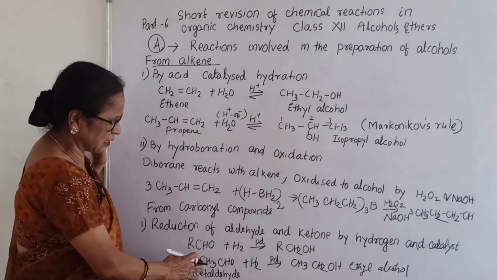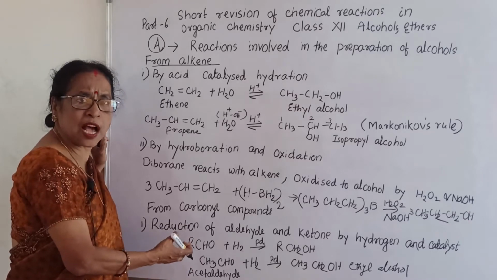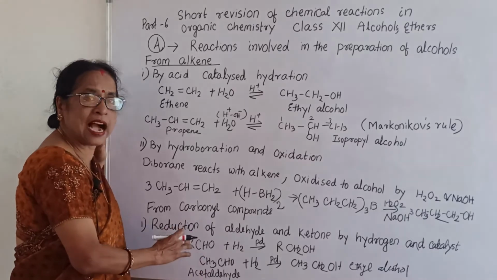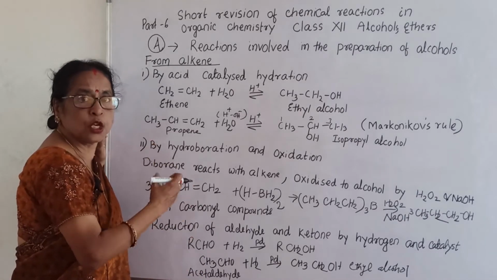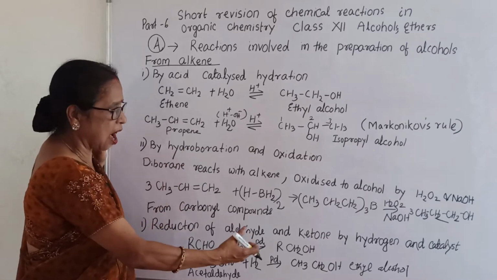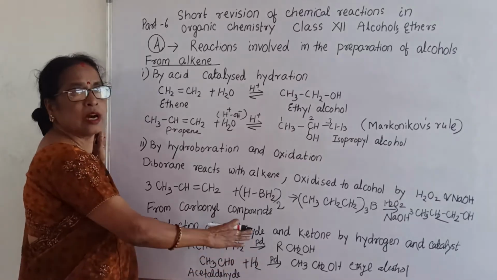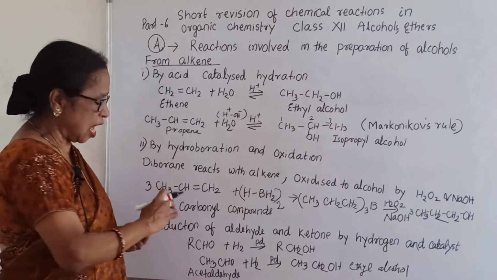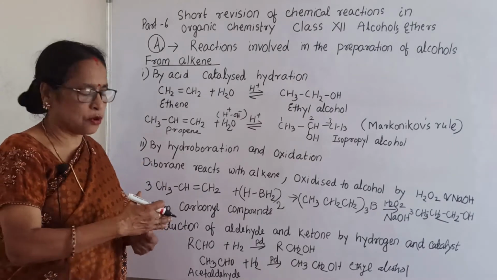Example you can take, that is acetaldehyde. What is the formula? CH3CHO. And in this acetaldehyde, how many carbons are present? Only 2 carbons. So you think what alcohol is produced, and that should contain 2 carbons, because the reactant contains 2 carbons, so the product alcohol should also contain 2 carbons.